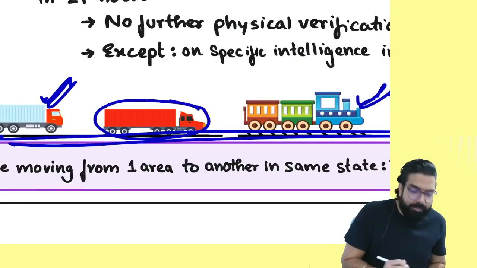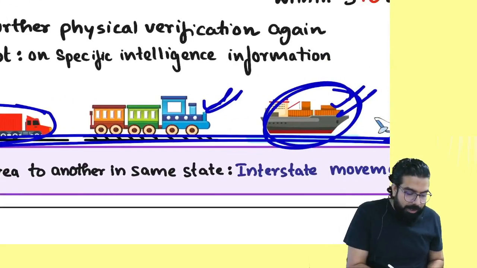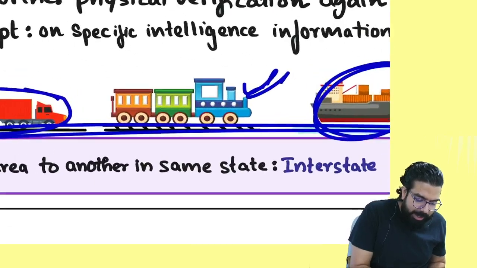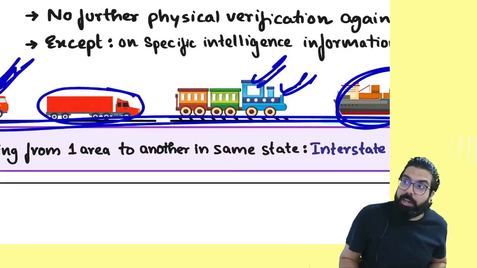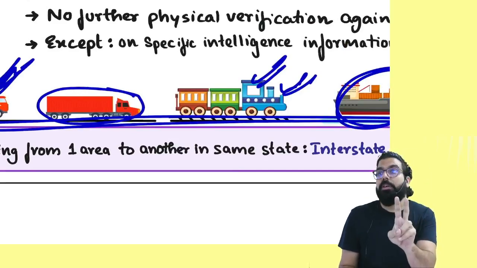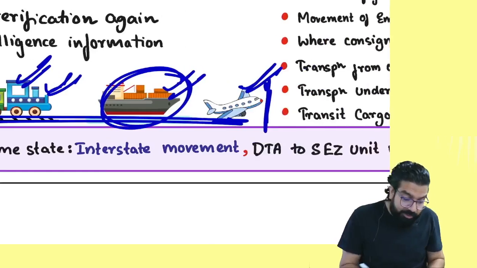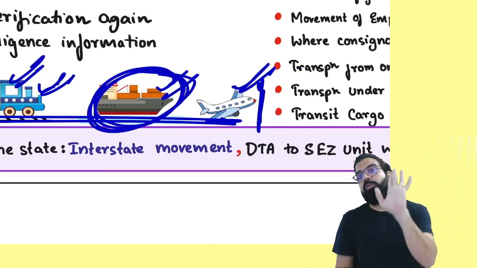If I am sending by over-dimensional cargo, 20 kilometers, 1 day. If I use train and truck, multiple modes, then 200 kilometers.